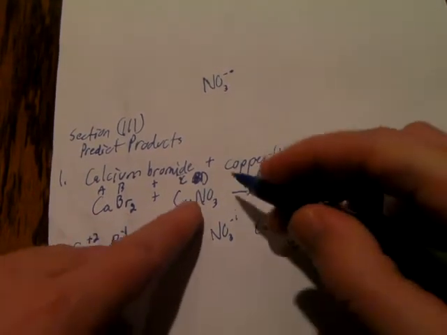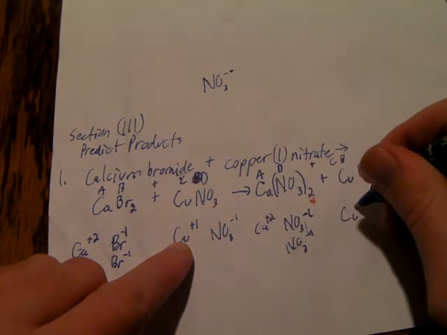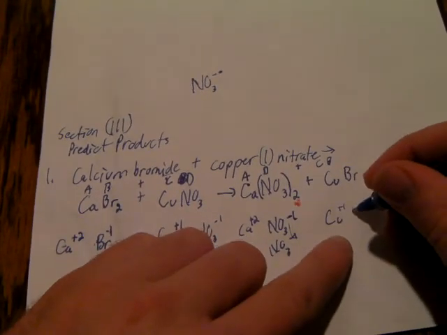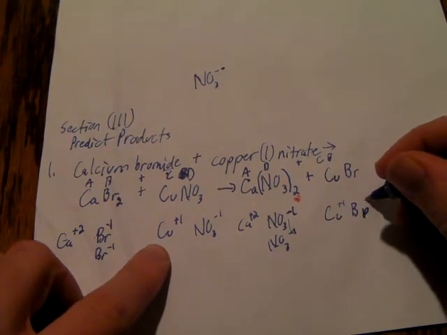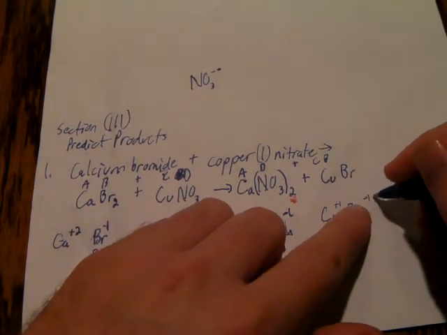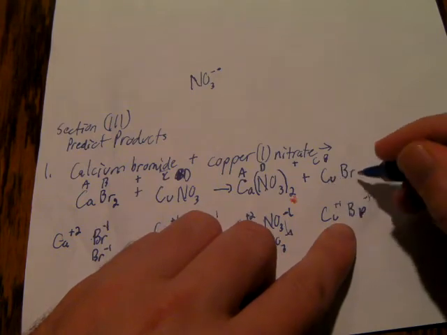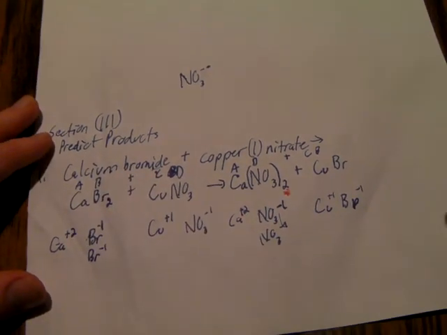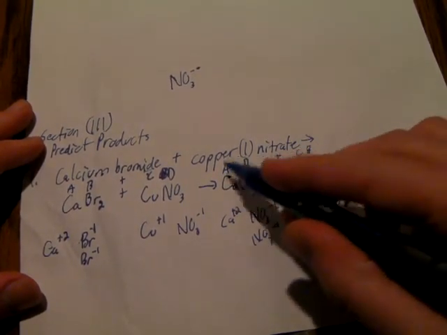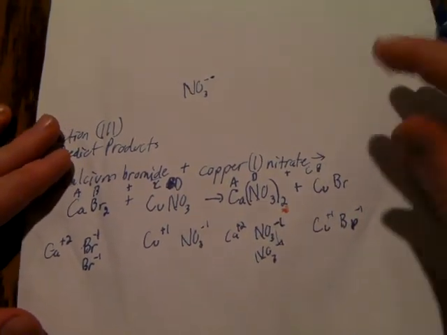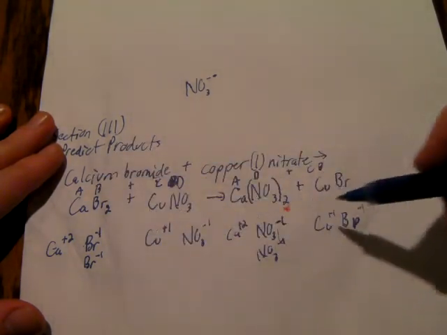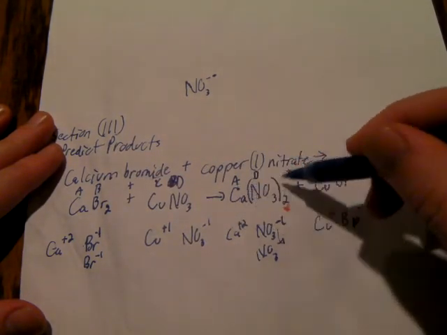We already have copper 1 is a positive 1 charge, and bromine, over here we see it's a negative 1 charge. Positive 1 plus negative 1 is already balanced out to 0, so it's CuBr. Now, that's predicting the product, so that is done. And then, of course, we have to balance this, but that is for a different PowerPoint. So this equation is not balanced, but these are the correct products.